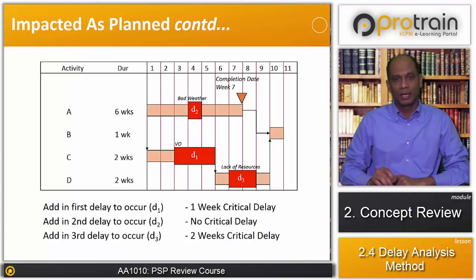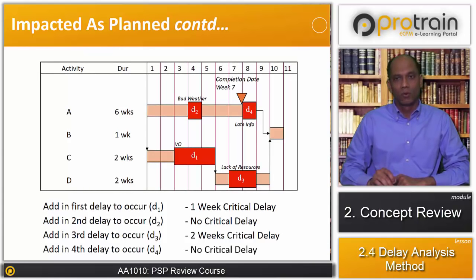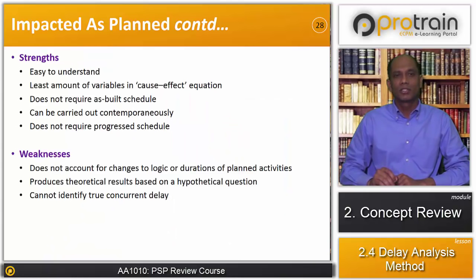We go ahead and add the fourth delay, that is late information, and we find that no critical delay has occurred to the project. So this is how the impacted as planned method works. Essentially, it is impacting the delay event on the baseline schedule. So let's see what are the strengths and weaknesses of the impacted as planned method.